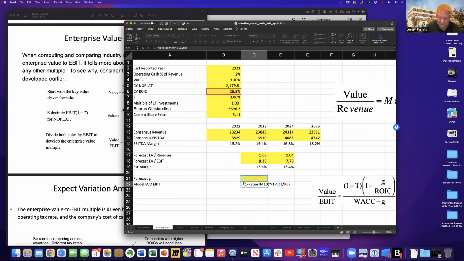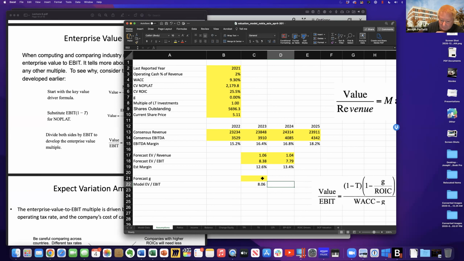I'm going to take all of that, left parenthesis, right parenthesis, and divide that by left parenthesis, the WACC, which is right here, B4, minus the G, right here, C21, right parenthesis, enter. And I'll make that 2 decimal places.